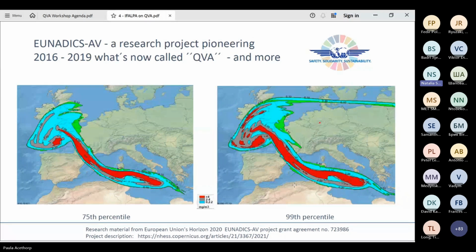I did that once, and on the left you see a 75% example, and the concentrations are clearly shown in color. And on the right, you see that the area covered is essentially the same, but there are some higher concentrations.